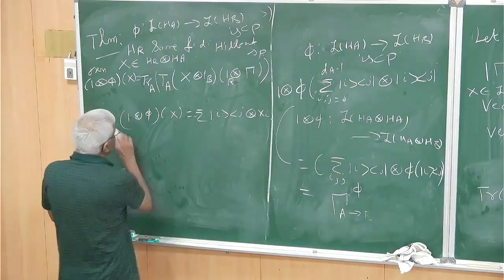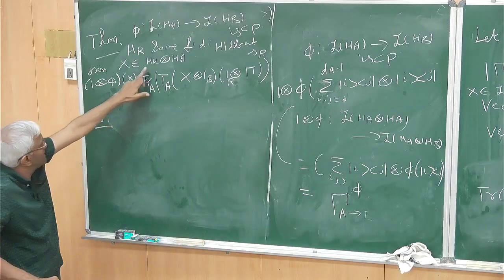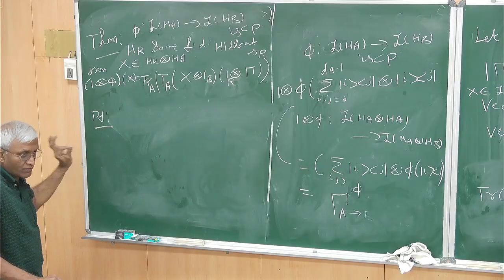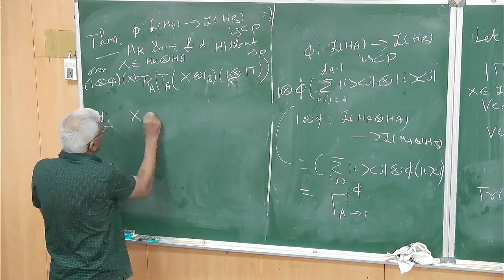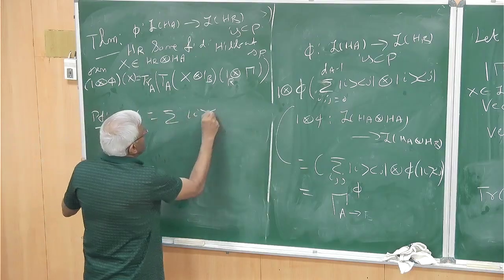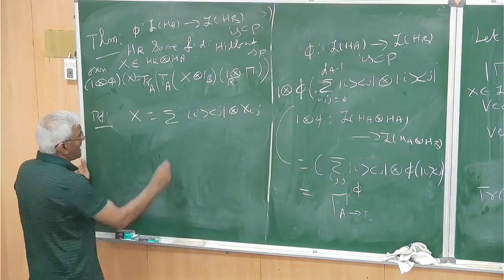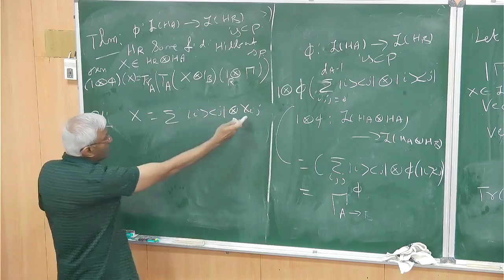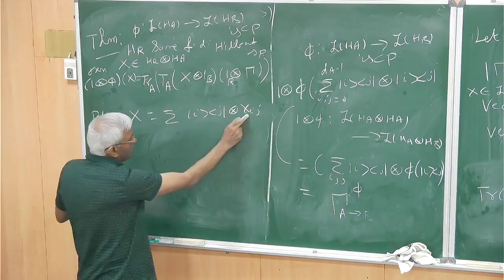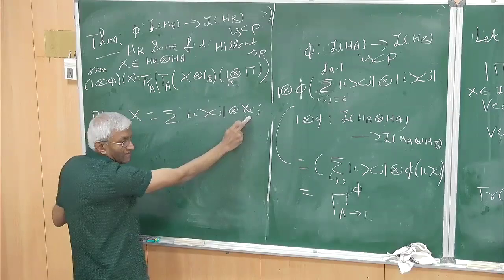So I'm saying that it's enough to prove only for phi. You can assume that HR equals C, and it is enough to prove for only phi, because any x here can be written as a sum of ij tensor xij, where ij runs over the dimension of HR. Then for each one of them this is true. If you add phi here, you will get phi here.